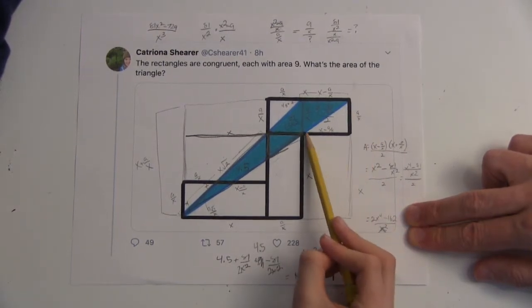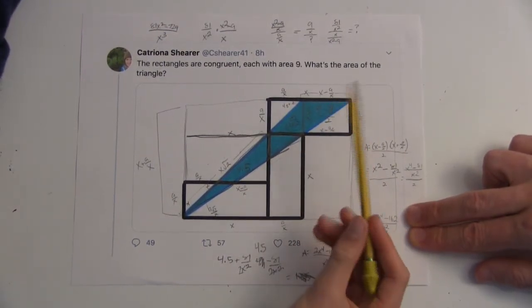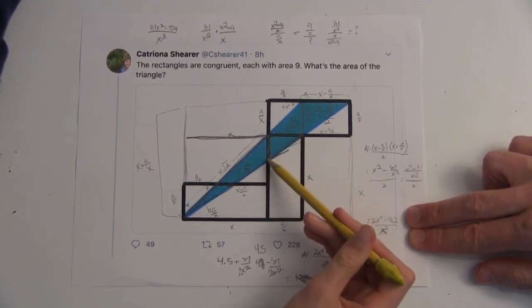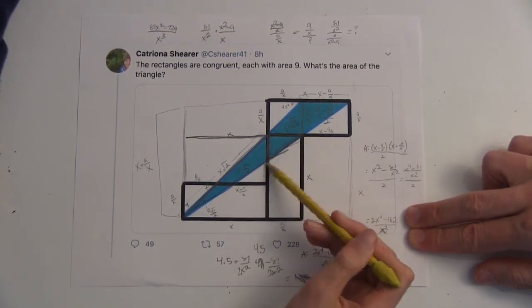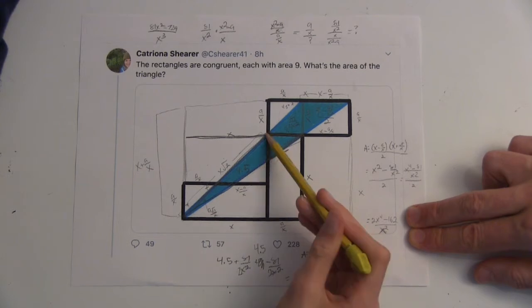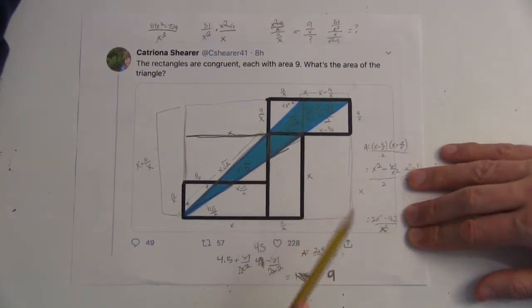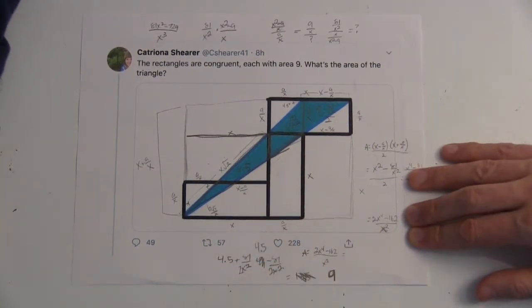This was x minus 9 over x. I tried to get an expression for the sides of this triangle here, which is similar to this, but it turned into something pretty ugly. So I just sort of got stuck here after getting this expression.